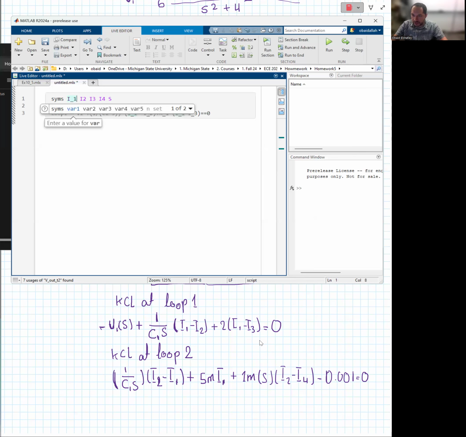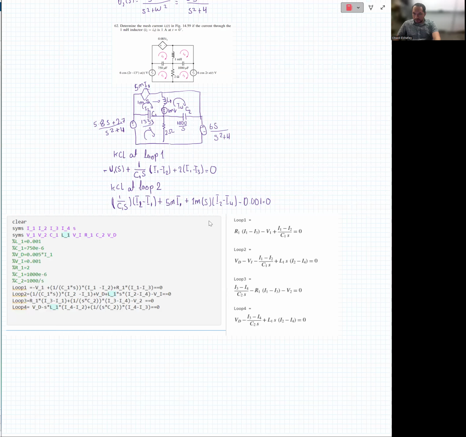So let's change the values to I subscript 1, I subscript 2, I subscript 3, I subscript 4. Let me pause and write the equations. So using MATLAB, we can write the four loops, and then you can display the loops.